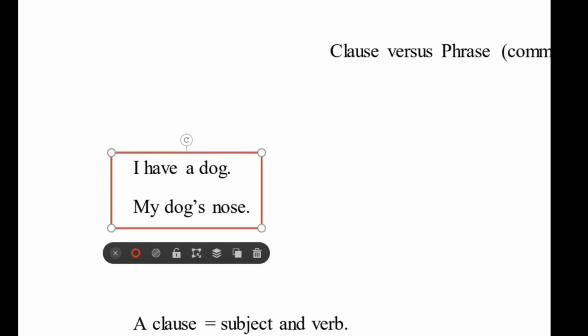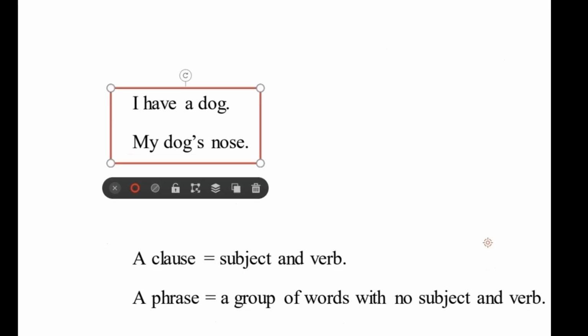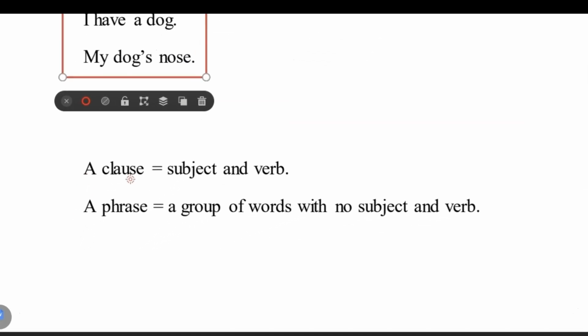What is the difference between a clause and a phrase? We have the definition down below. Here's the definition of a clause. It is basically a subject and verb. Now, a subject is the person or thing doing the action, of course, and the verb is the action itself. A phrase can be defined as a group of words with no subject and verb.